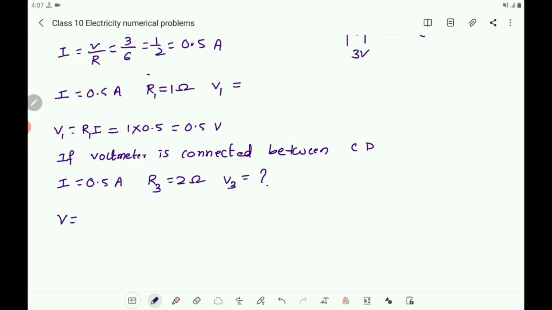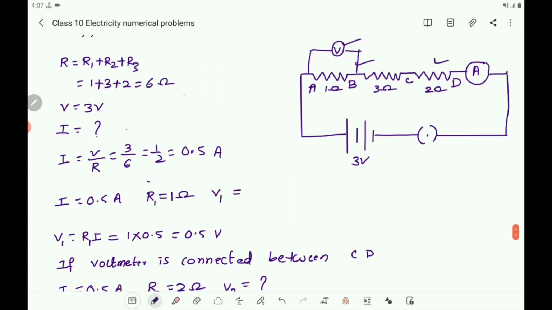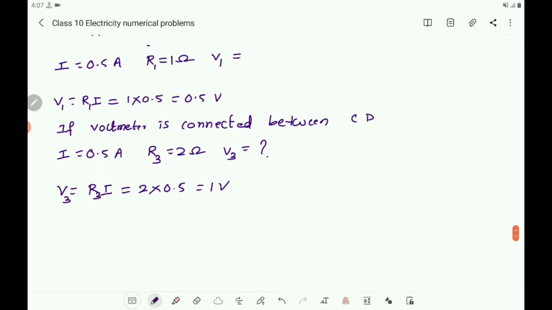Then again you write V equals Ri, that is V3 equals R3 into I, R3 is 2, into 0.5, equals 1 volt. So the reading shown when it is connected between C and D is 1 volt.